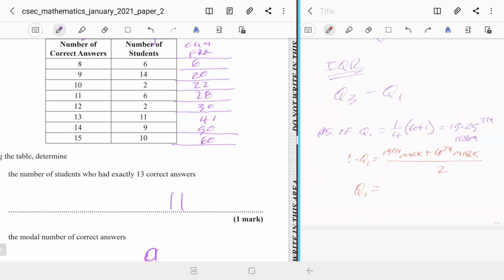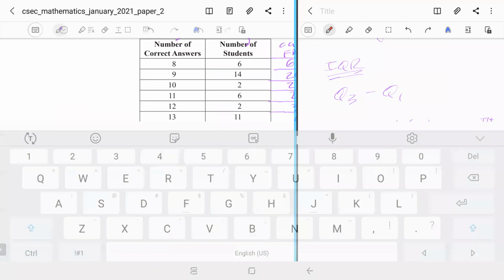No, 14 is the number of students. We're talking about the marks, the scores. These are the marks. 9. Oh, 9. In the first group, we have 6 students, you know.